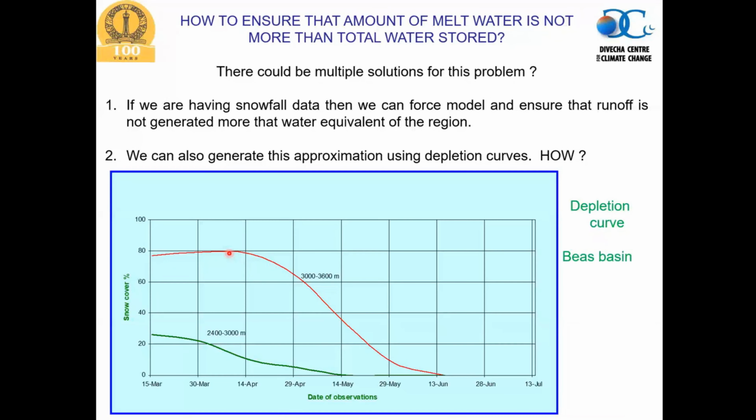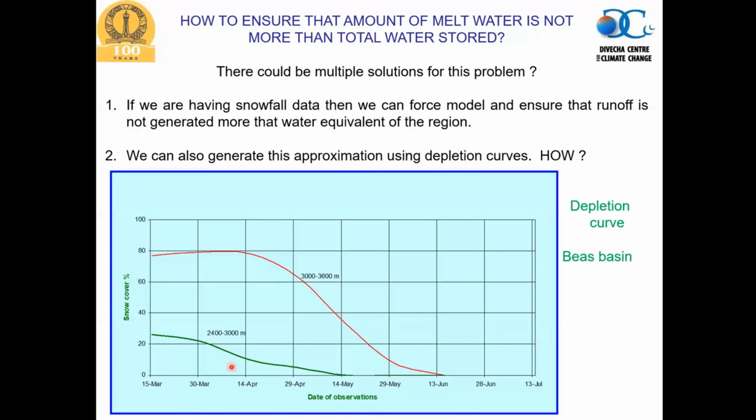It is only after the middle of April that melt has started to happen. So from 15 March till the middle of April, most of the water is coming from lower altitude.